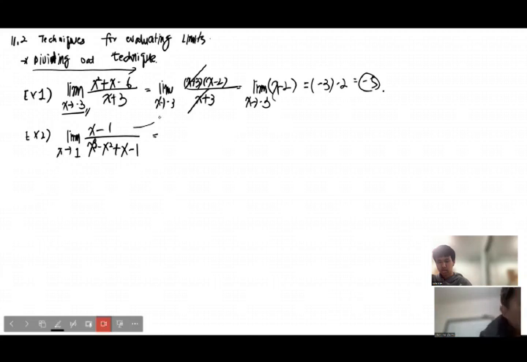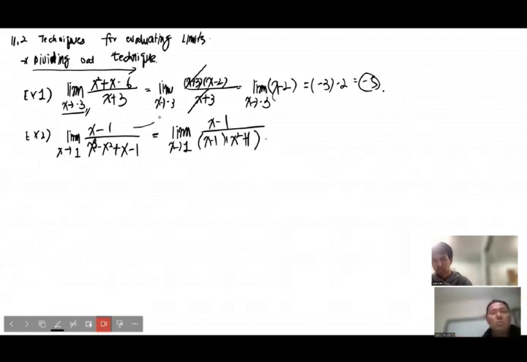So we have to separate this function into numerator and denominator. In that case, the limit as x goes to 1 of (x - 1) over (x - 1)(x squared + 1).